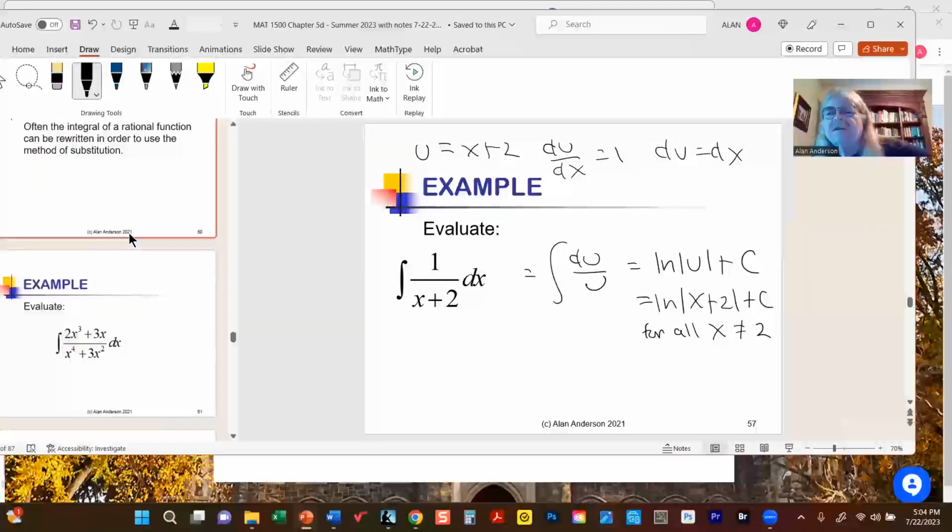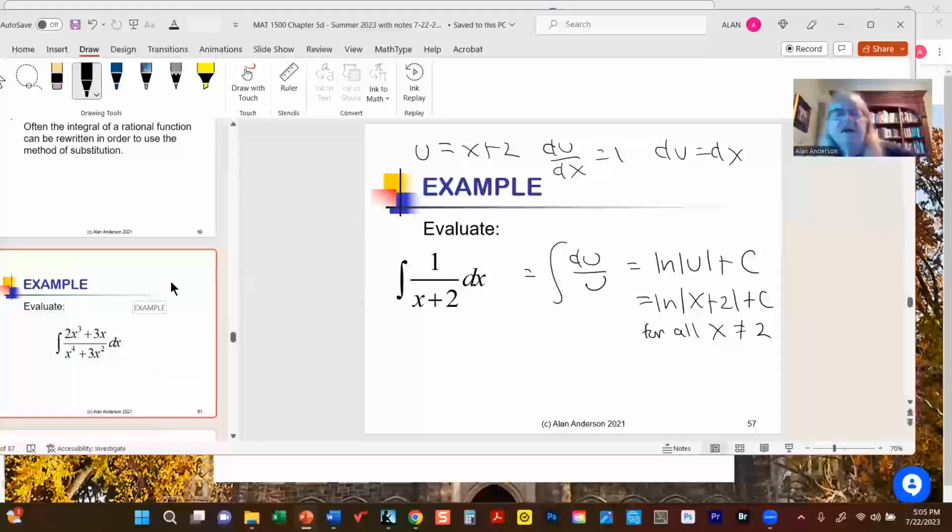Now, here's where it gets interesting. Sometimes we have a ratio in our integral, and sometimes there are techniques we can use to rearrange it to make it possible to use u substitution. Sometimes we need a different technique altogether, something you'll run into in Calc 2.